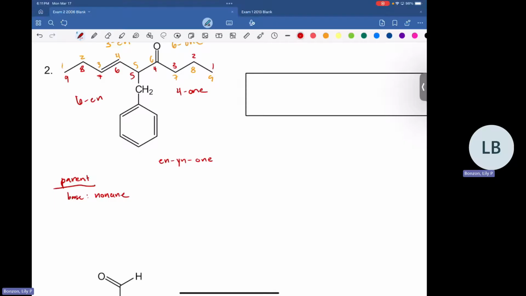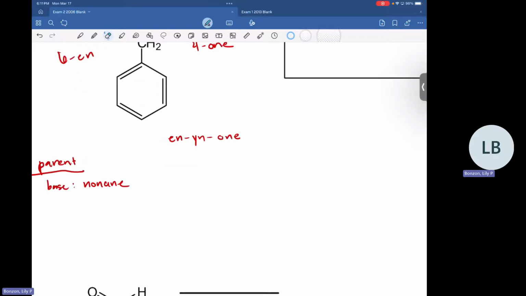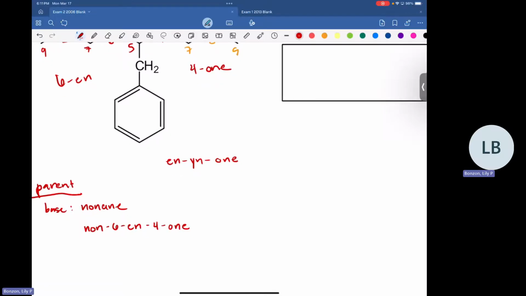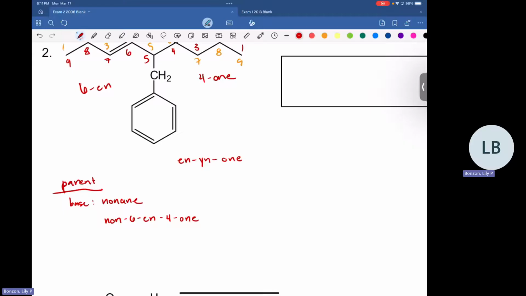So if you have a double bond, a triple bond, and a ketone, you do number ene, number yne, number one. So we don't have an alkyne in this case, but that just means for our numbers, we're going to have non-6-ene and 4-one. So that's going to be our parent.